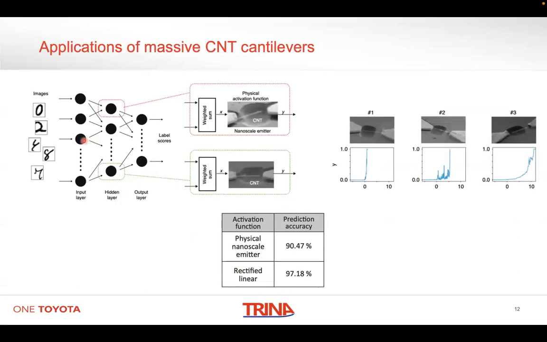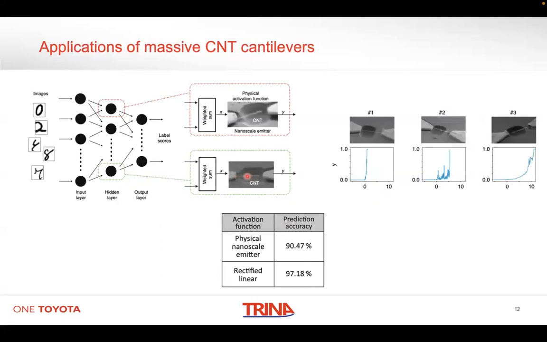Usually, the rectified linear function is used as an activation function. But the exponential behavior in the field emission can be used as a rectified linear function because, as you see in these pictures, we can observe a quite exponential behavior. It's kind of a switching two-state system.